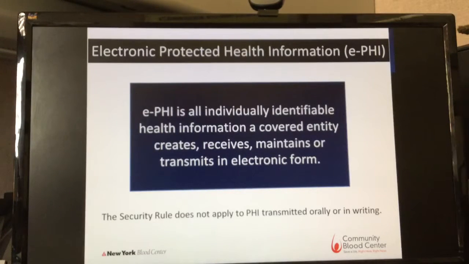The security rule focuses on ePHI, which is defined as all individually identifiable health information a covered entity creates, receives, maintains, or transmits in electronic form. The security rule does not apply to PHI transmitted orally or in writing.